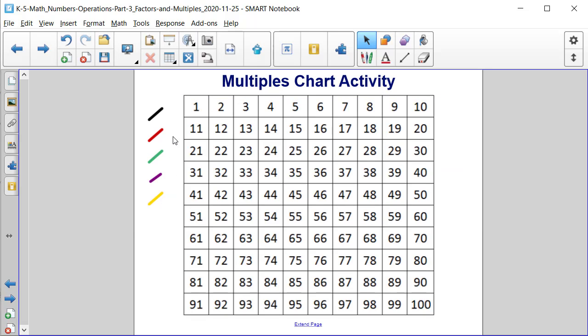Now let's go through with the activity. First step was to cross out 1 because 1 is not considered to be prime at all because it only has one factor, itself. Next, cross out the multiples of 2 that are greater than 2. So that starts with 4, and then every even number after that.